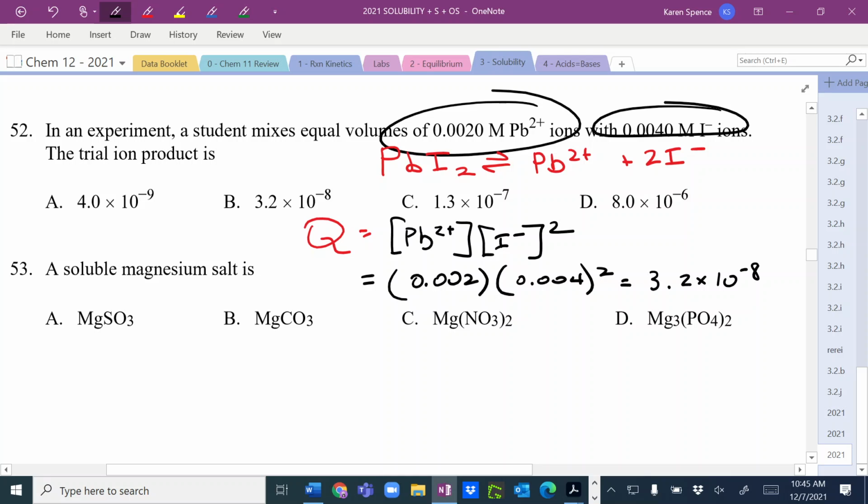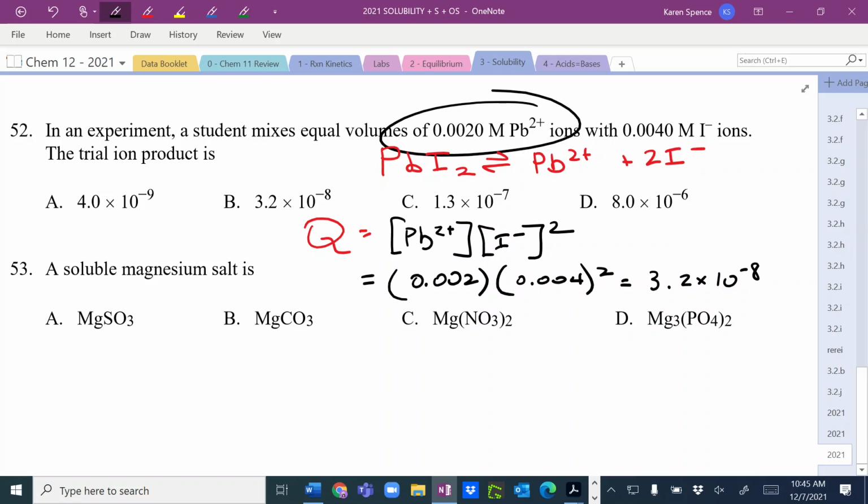Do not double the iodide. The concentration of iodide is 0.004. Yes, that's what it says. It's not 0.008 because otherwise it would say the concentration of iodide is 0.008. Okay, all right.